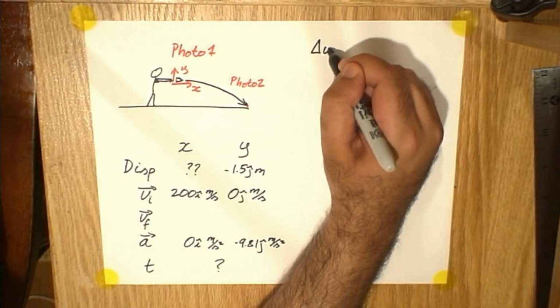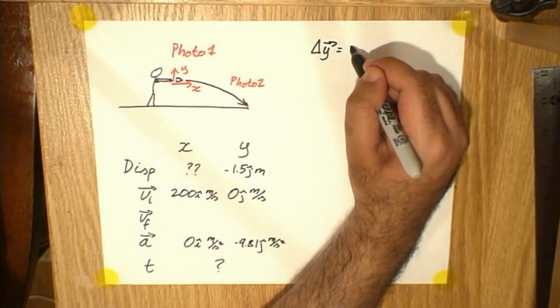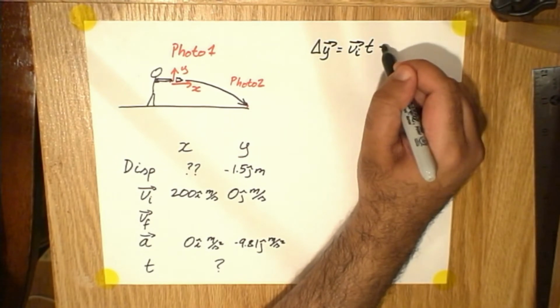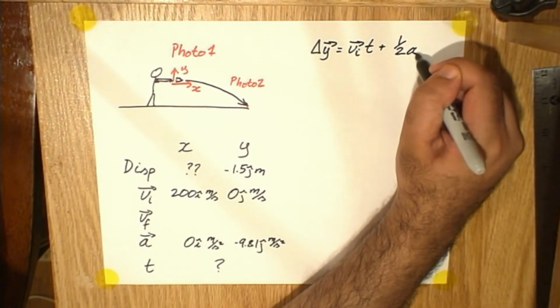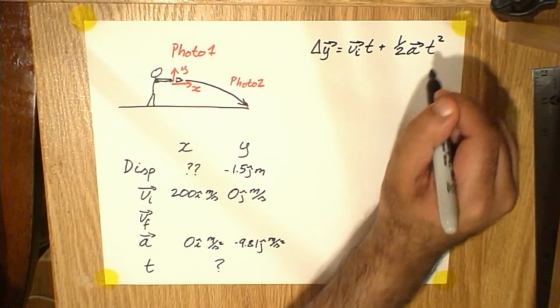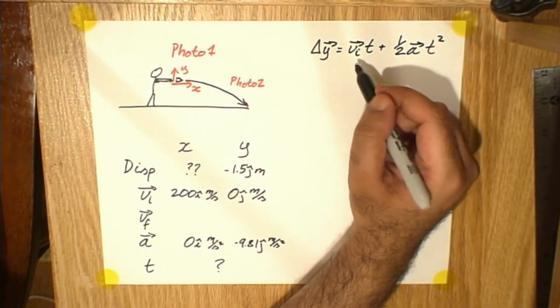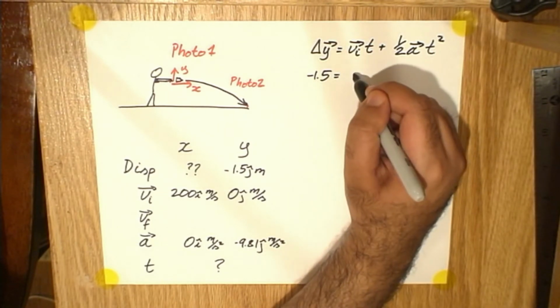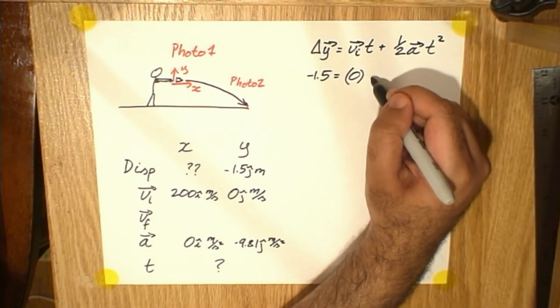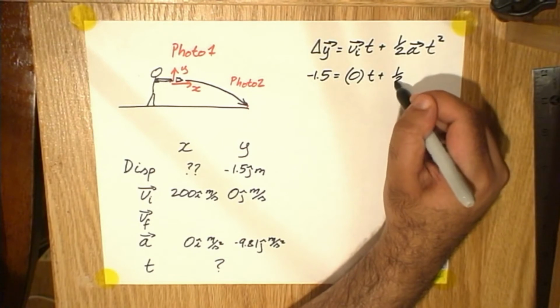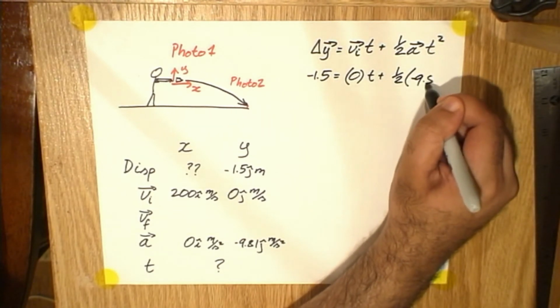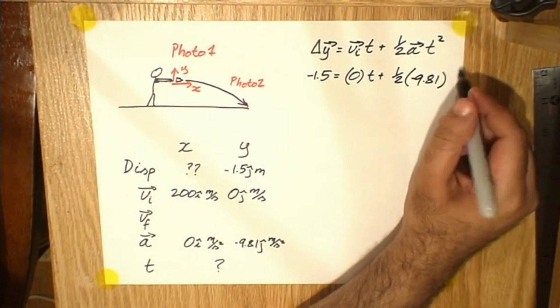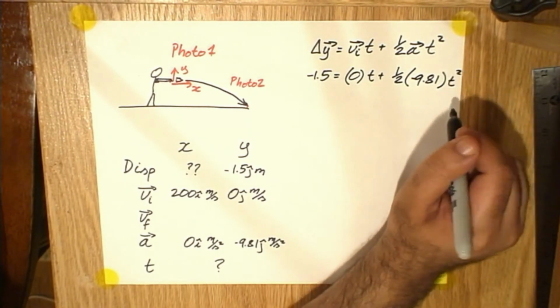So delta y is equal to v initial times time plus 1/2 acceleration times time squared. So delta y, negative 1.5, is equal to v0, 0, times time, unknown, plus 1/2 acceleration, negative 9.81 meters per second squared, times time squared, which is again unknown.